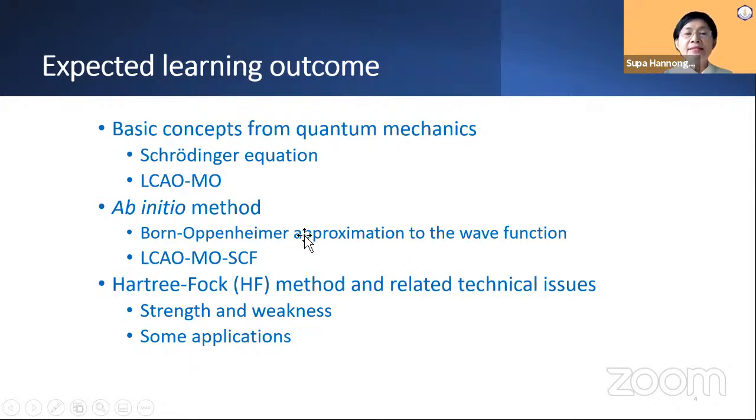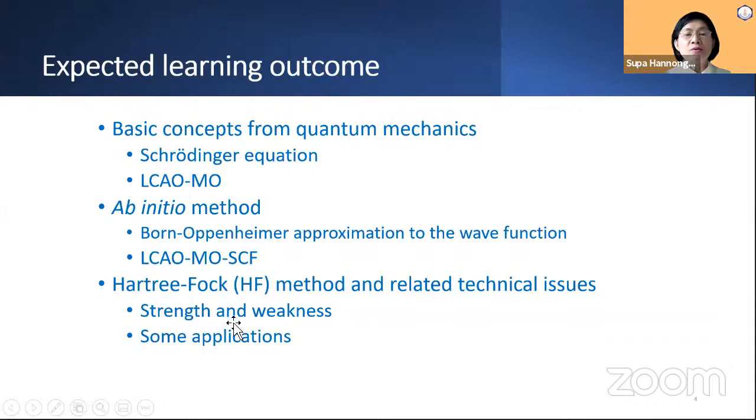To solve the Schrödinger equation, we need not only the wave function but also the numerical method to solve the SCF. So we will learn how to get the wave function, and then we can solve the Schrödinger equation. At the end, you will understand the Hartree-Fock method and related techniques.